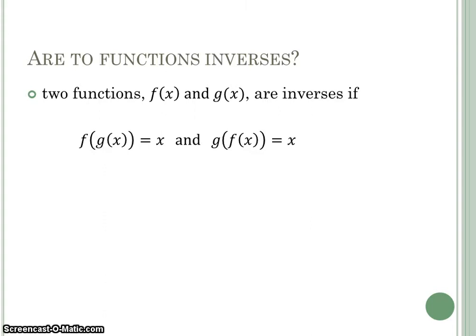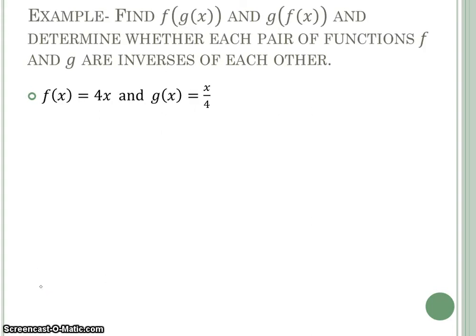All right, so here we've got two functions, and we're going to determine whether or not they're inverses of each other. So we've got f of x, which equals 4x, and g of x, which equals x over 4. So we'll start by looking at f of g of x.